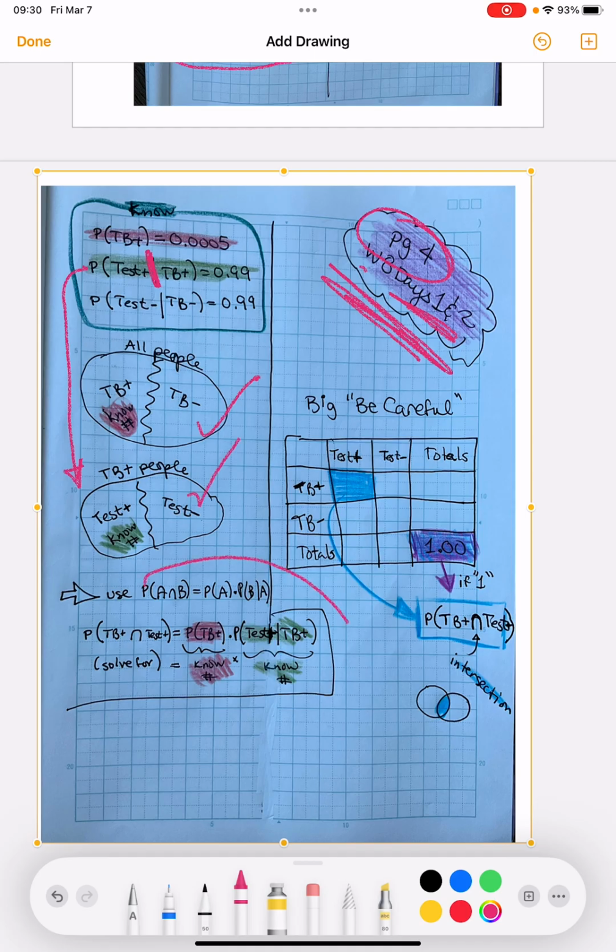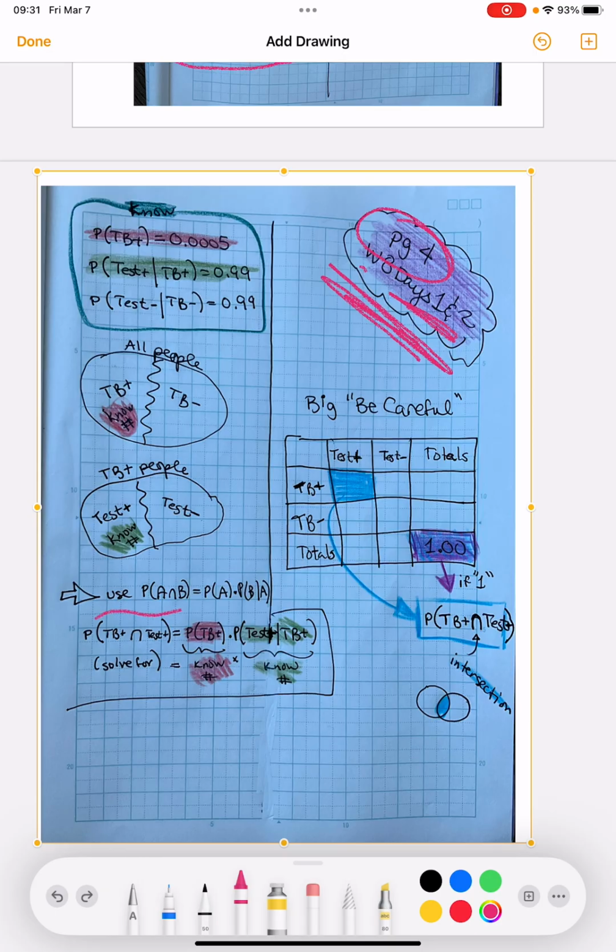And then the second thing I want to help you with is, again, using this very important equation that links things together, the intersection with a conditional. And I'm putting it in, you have to put it in the events that you're given.